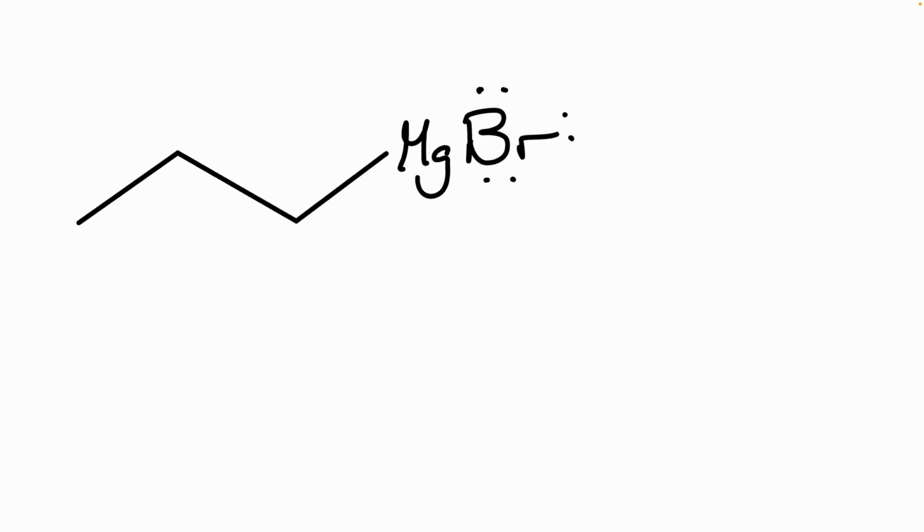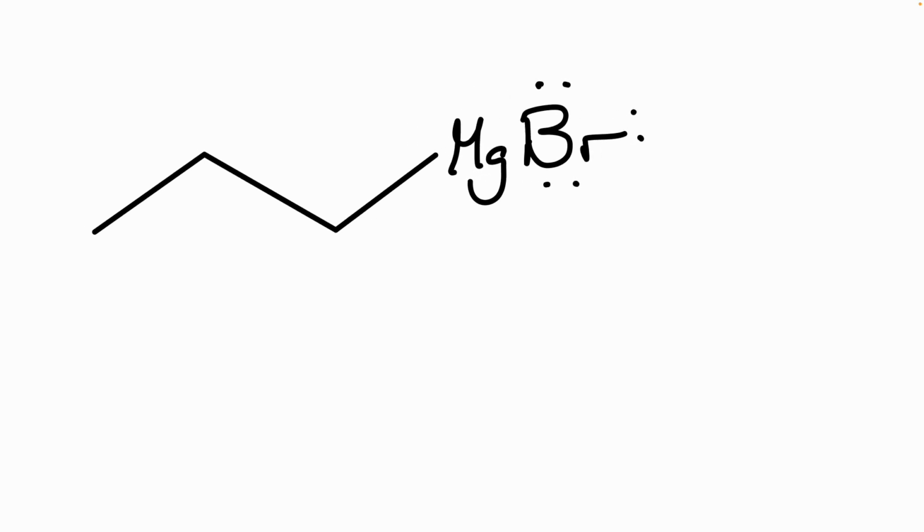So in this compound, I'm seeing this carbon atom right here glowing red hot with electron density, right? It has managed to pull all the electron density away from that magnesium, because magnesium is a metal and metals don't hold on to their electrons very tightly.